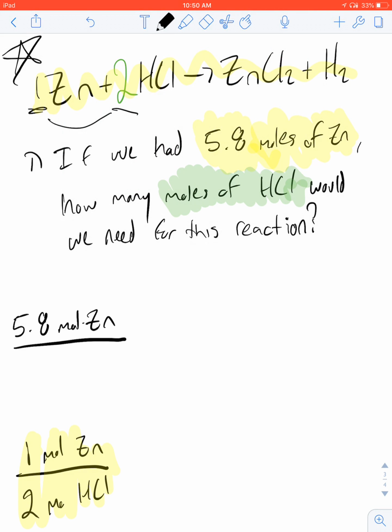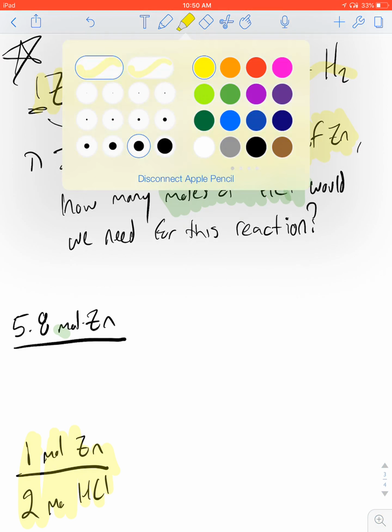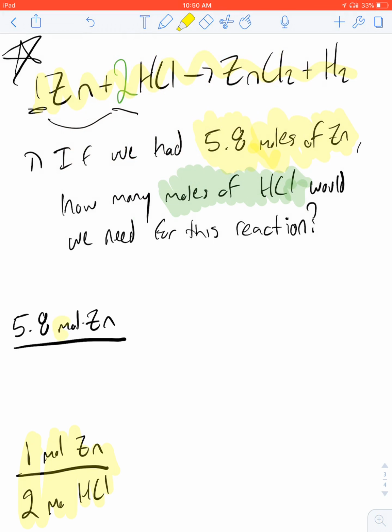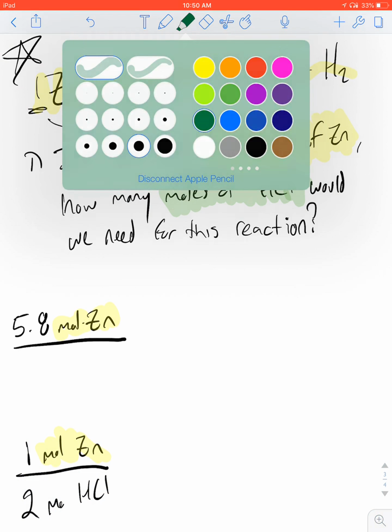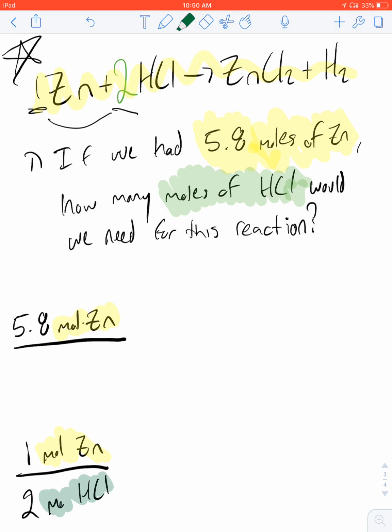So in our work here rather, we're going to treat moles of zinc as a given unit, and then we're also going to treat moles of HCl as a separate unit.